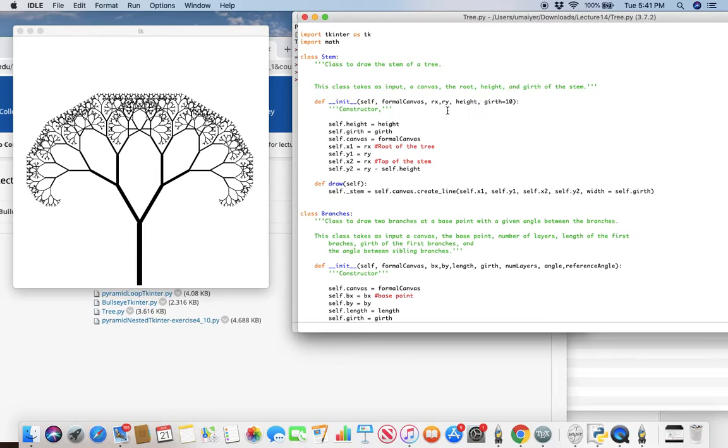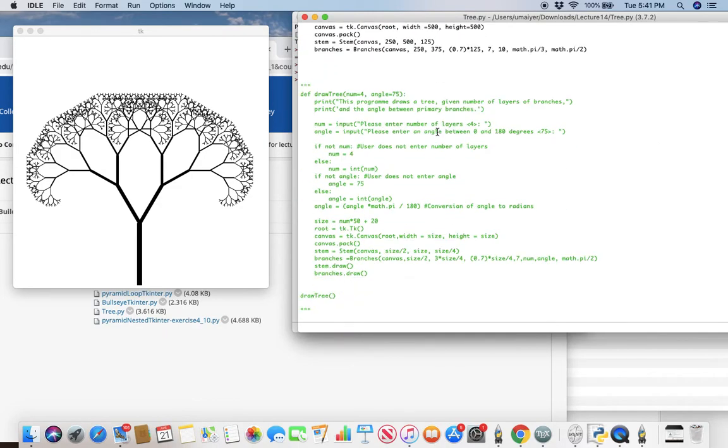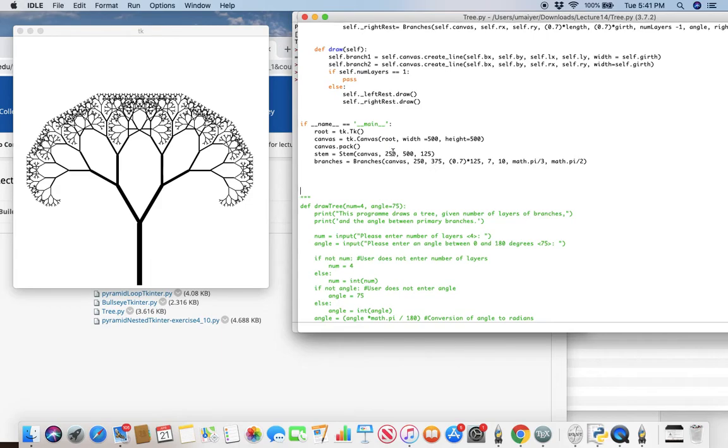What is Rx and Ry? Aha, those are the coordinates of the root. Okay, so the root is here. And that is why you were at x coordinate right in the middle and y coordinate was the maximum. So you are at the bottom. So that is 250 and 500, that represents this particular point.